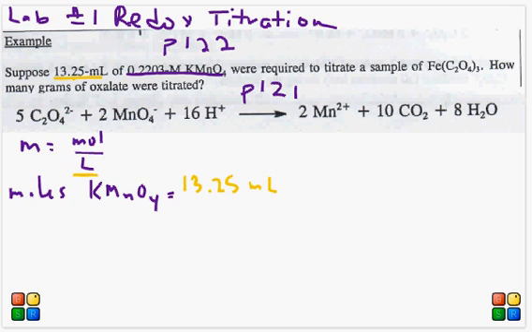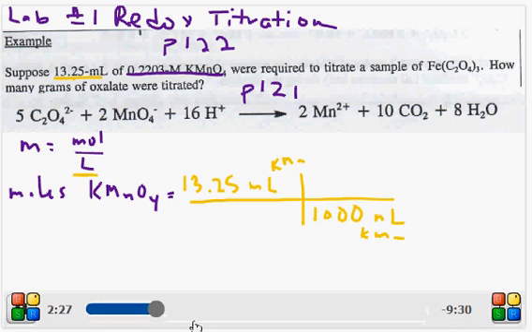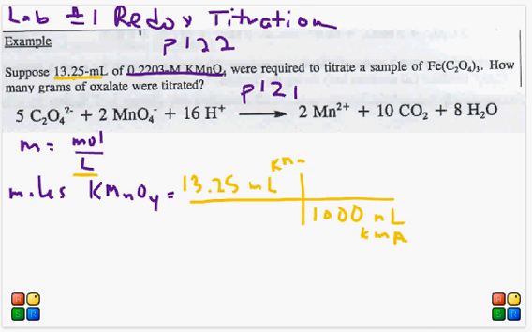They already did it for you in the manual, but I'll do it for you guys. I'm writing KMnO4 in shortened form because it's a little hard to write in this, but you get the point. For every 1,000 milliliters of KMnO4, there is 1 liter of KMnO4.